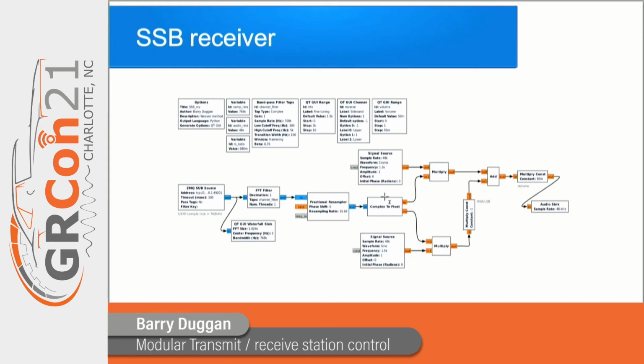So it takes the real part and multiplies it times the cosine signal, and takes the imaginary part and multiplies it times the sine signal. And then you either add or subtract the two to get the sideband you want. So there's a sideband switch here. This chooser right here will affect this multiplied by +1 or -1. And it works really well.